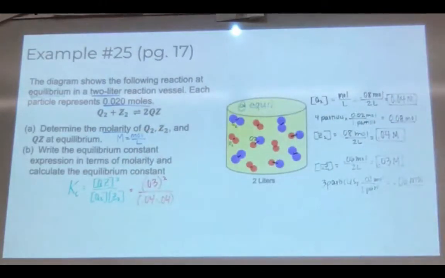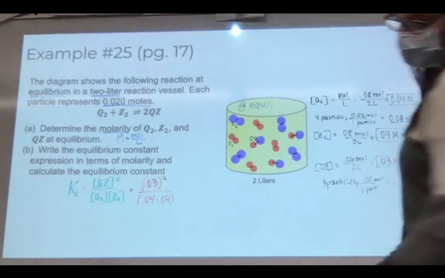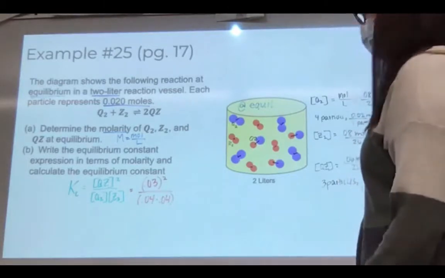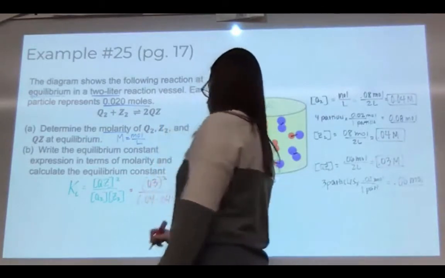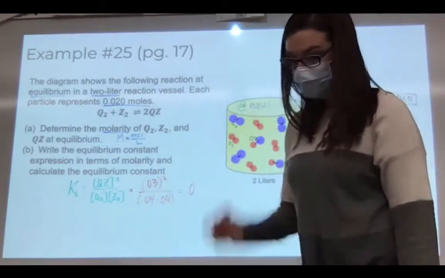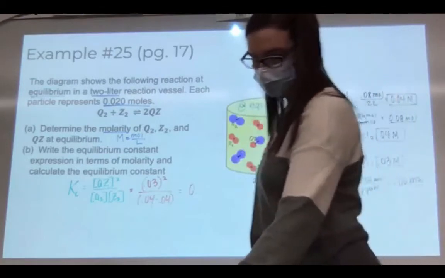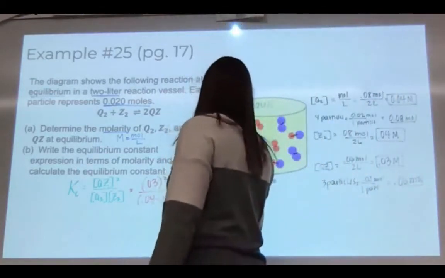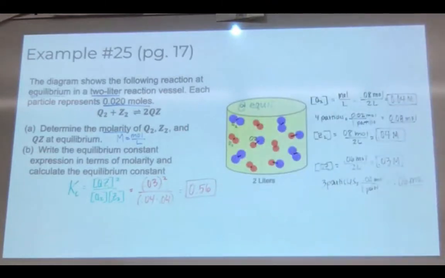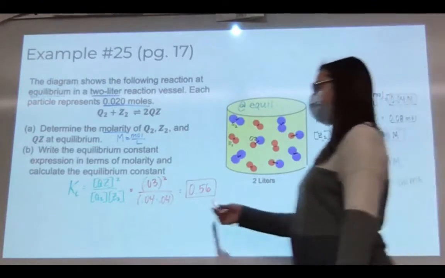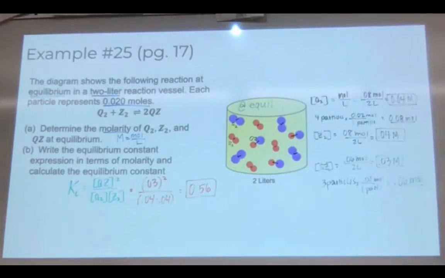So you get 0.03 squared over 0.04 times 0.04. Assuming I plug this into my calculator correctly, I got 0.56. So here's our Kc value, our equilibrium constant.